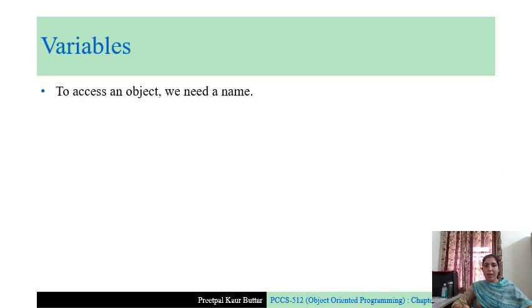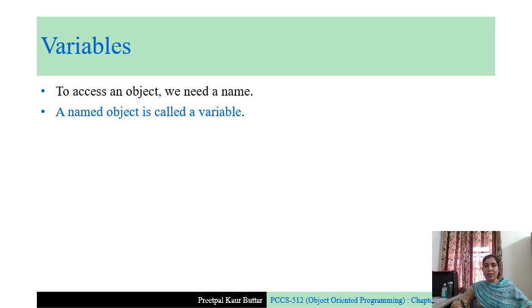To access an object, we need a name. Once you have stored a value in the memory, then you want to operate on that value. In order to access that, you will not write the location of the memory. You do not need to deal with memory locations. You just need a name.